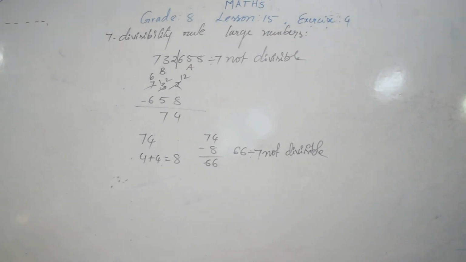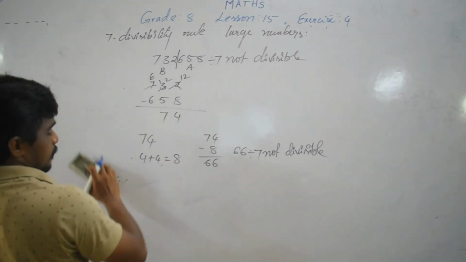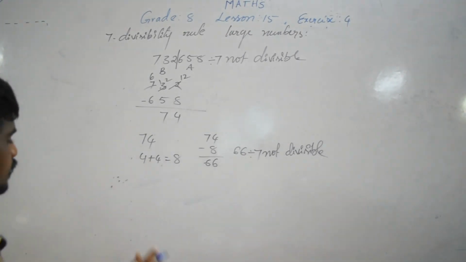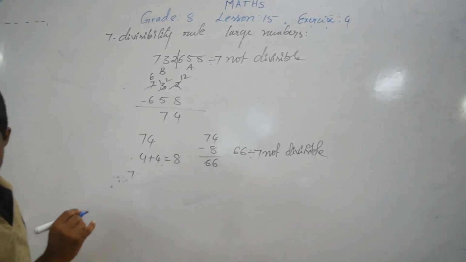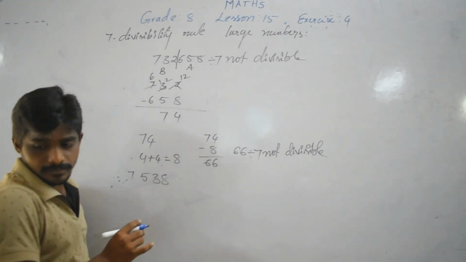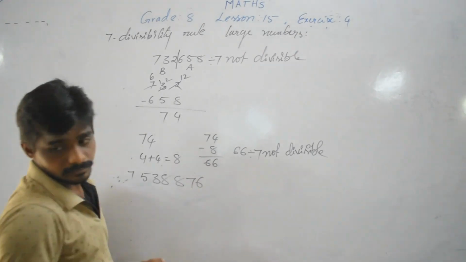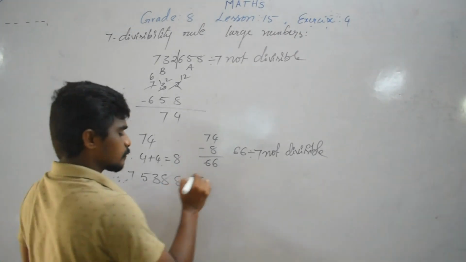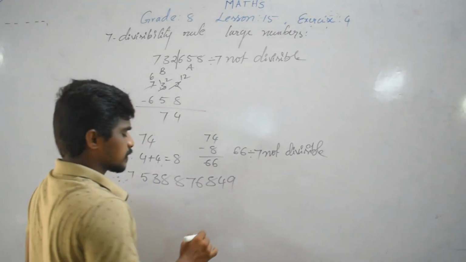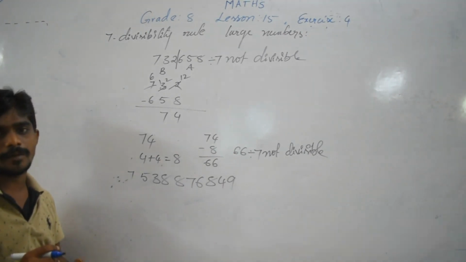Now a larger number is given, like 7 5 3 8 8 7 6 8 4 9. How do we solve this problem?